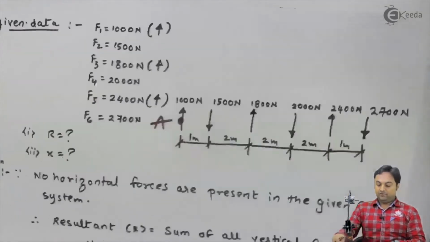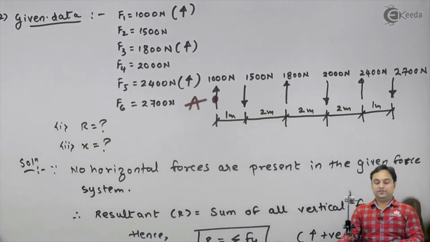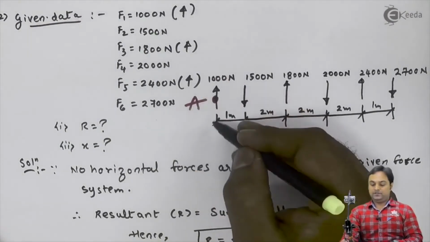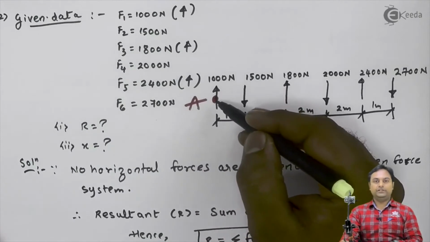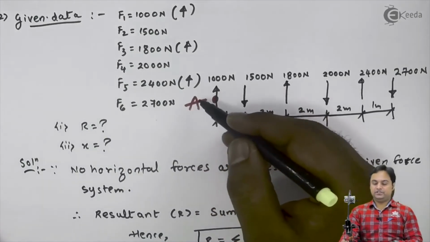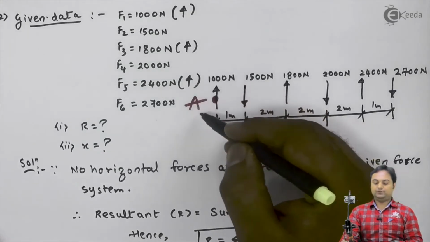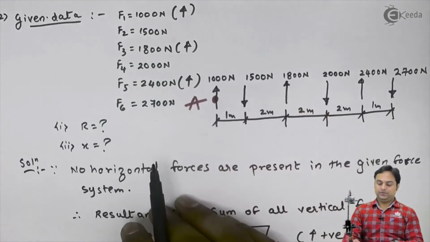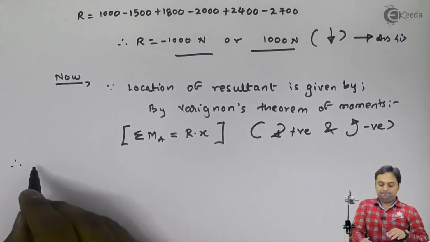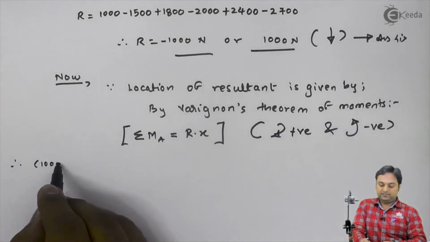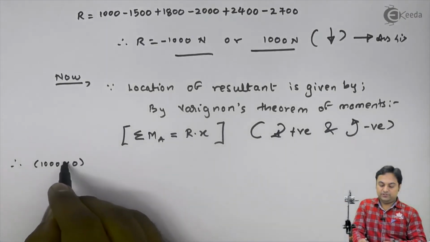Therefore we will consider the first force 1000 Newton. 1000 Newton is passing through point A, so there is no vertical distance between point A and 1000 Newton force, so the moment produced by 1000 Newton would be 0. You can even neglect it, or you can just write it as 1000 into 0.